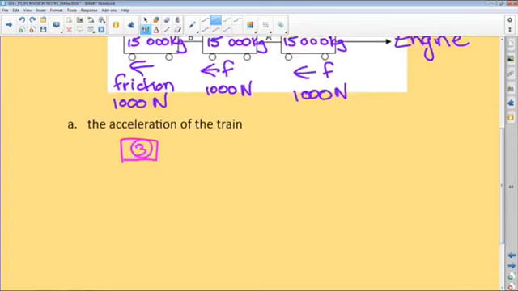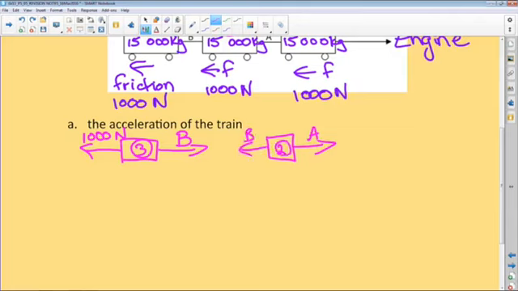What are the forces that act on it? I've got tension B acting in one direction, and I've got a force of friction of 1,000 newtons acting in the opposite direction. Then for block number 2, I've got tension A to the right, and I've got B to the left, and I've got friction to the left.